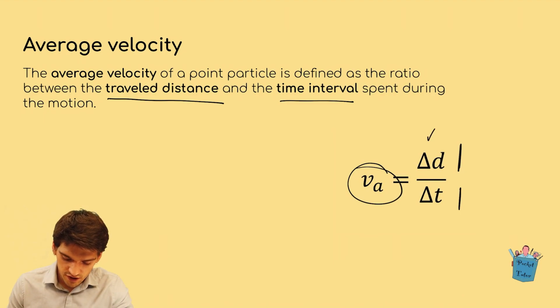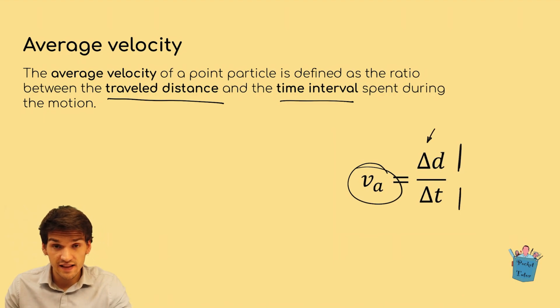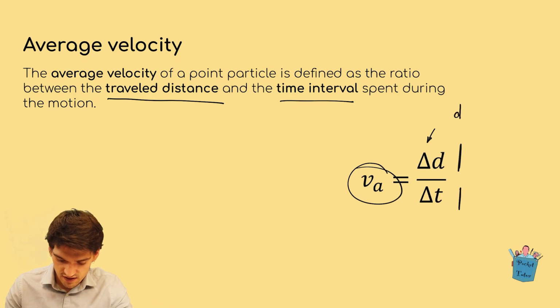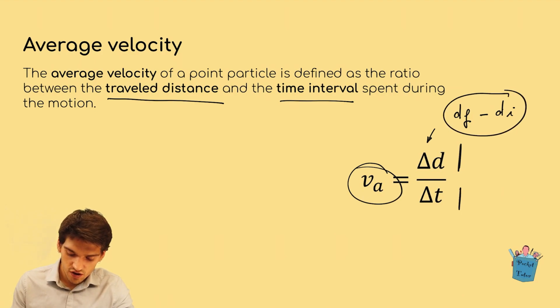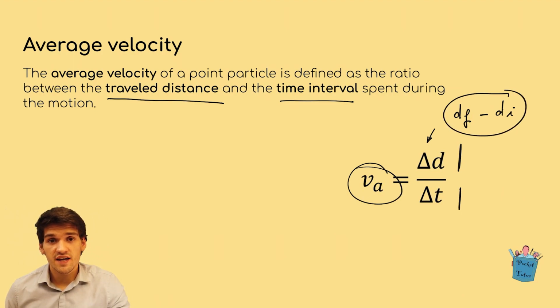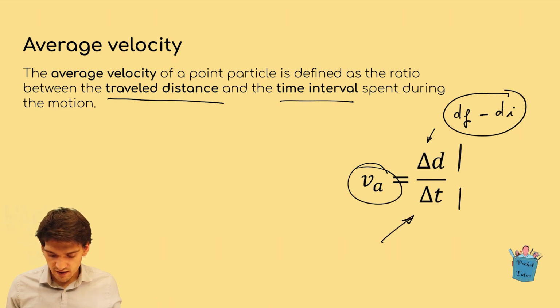This symbol here, we've already seen it, is the delta, which means the difference between a final point, in this case the final distance or the final position, minus the initial distance. This is a variation of a quantity. So the delta identifies a variation of something. So the final distance minus the initial distance gives us the total distance traveled during a given amount of time. And this given amount of time is told us by delta t.